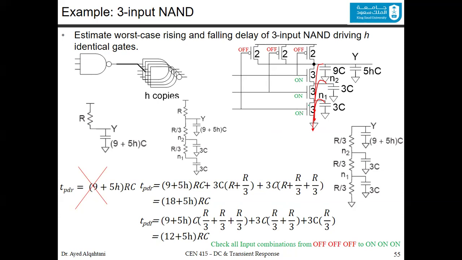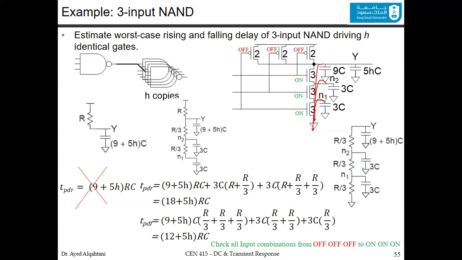Each one of them has a value R over 3, R over 3, and R over 3 with the same capacitance. So you can see that we apply again the ladder, which is 9 plus 5H, C times those 3 resistances, the addition of these 3 resistances, which is R over 3 plus R over 3 plus R over 3. I know that the total is R, but I show it to you so you know that I'm talking about this here.